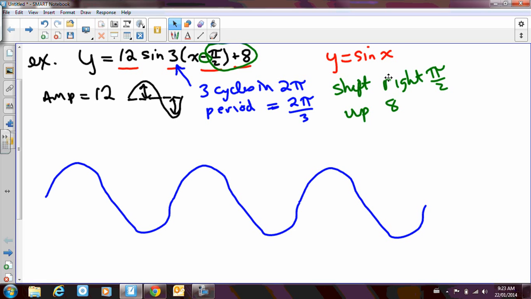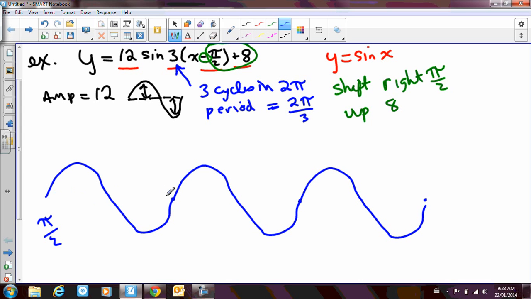I recognize that I've shifted pi over 2, so I can take that into consideration. If I shifted it to the right pi over 2, that means that right here my starting point is pi over 2. And then each cycle is a distance of 2 pi over 3 further.